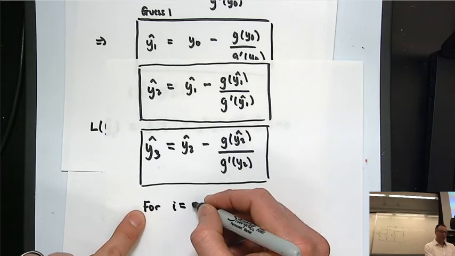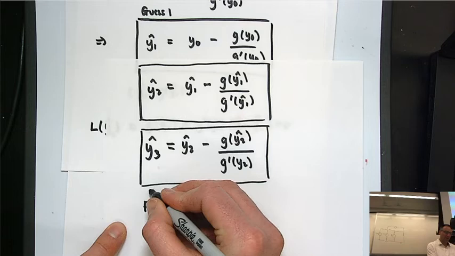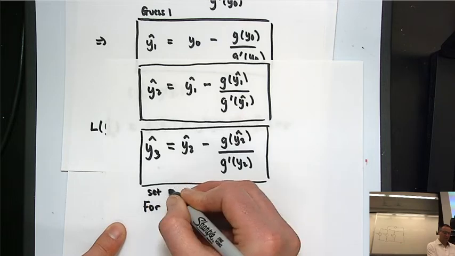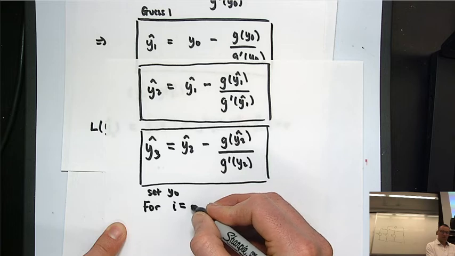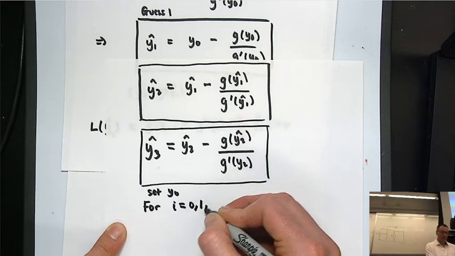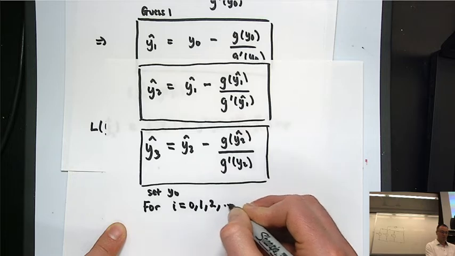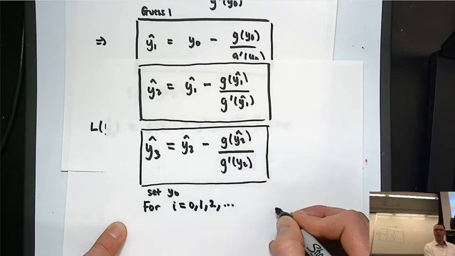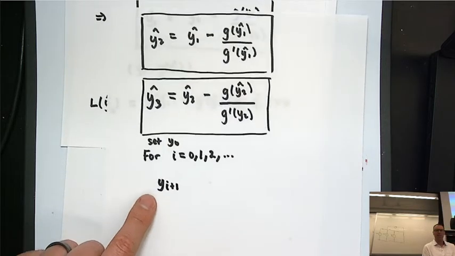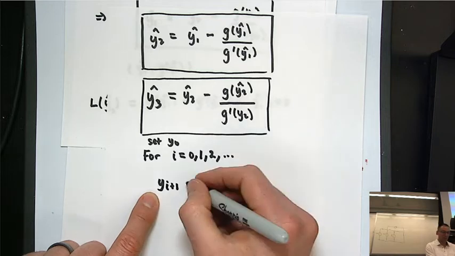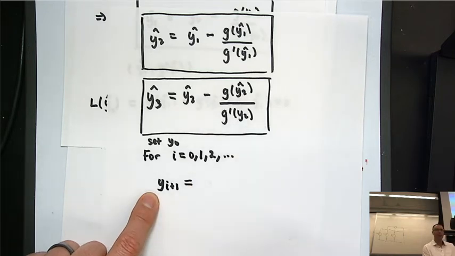For i goes from, assuming that we have set y0, for i goes from 0, 1, 2, until some stopping point. The next iteration will be what?